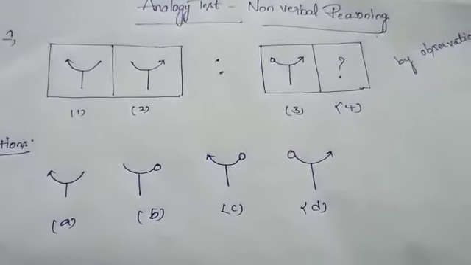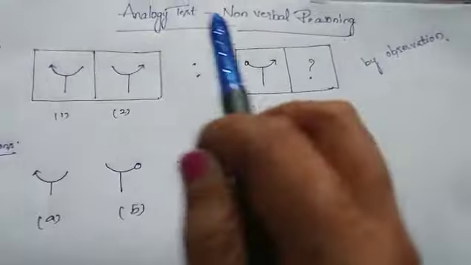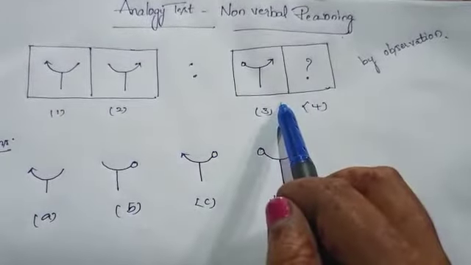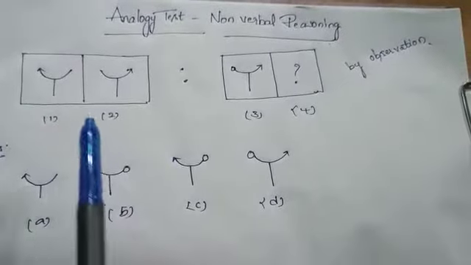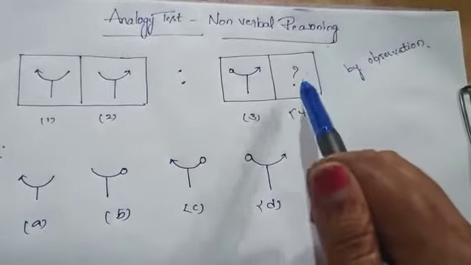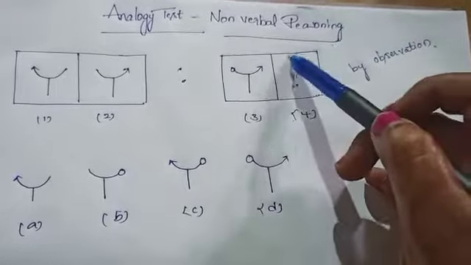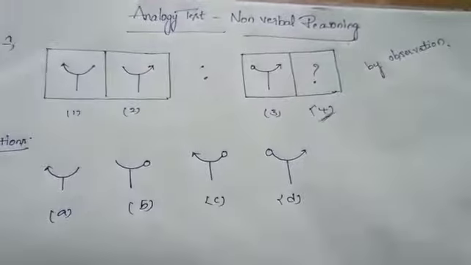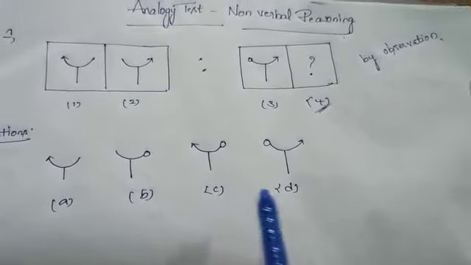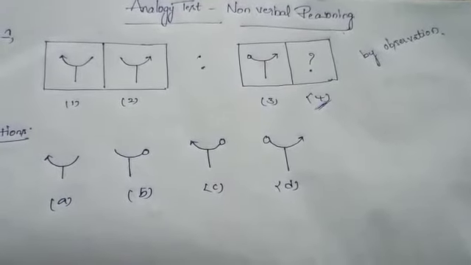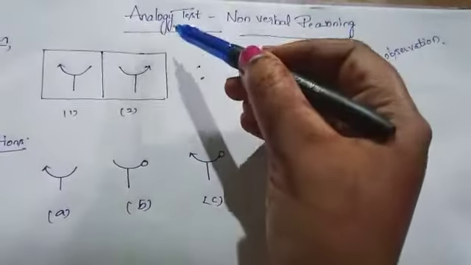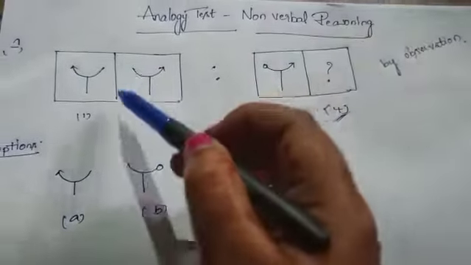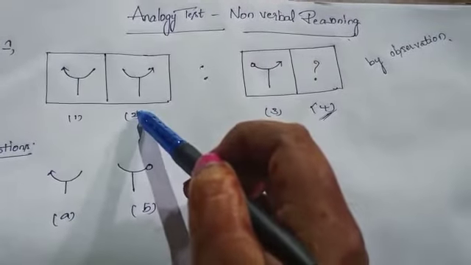See the first question. Here we have 4 boxes, nothing but 4 figures, and the last box is empty. It means here we have to find the 4th figure, and 4 options are given. In an analogy test, first we have to find the relationship between the first and second figure.